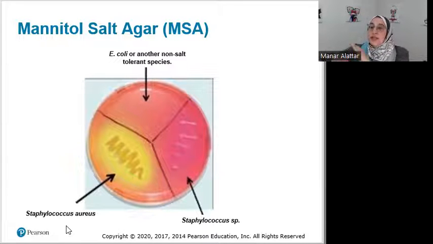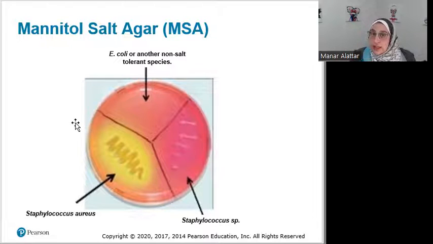Our skin tends to be dry, and it tends to be saline because our glands are producing sweat and other salty components. So on our skin, you have a lot of salt. So these are halophiles. They also characteristically ferment a sugar called mannitol.